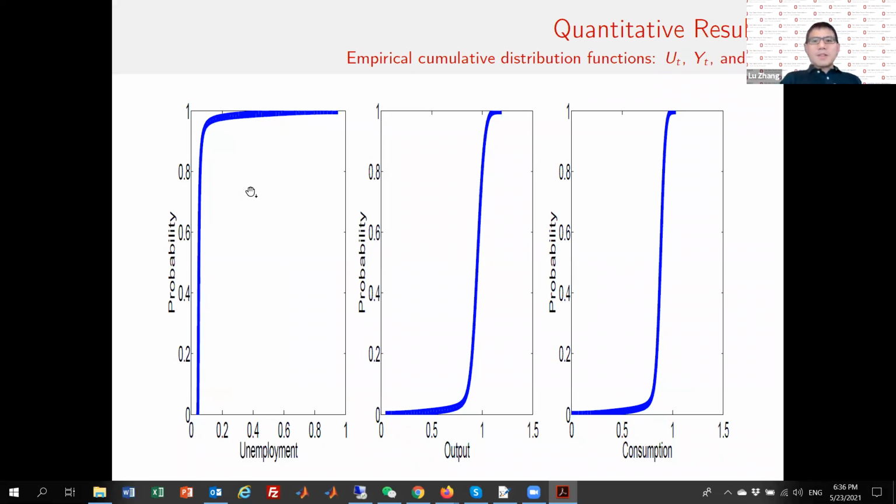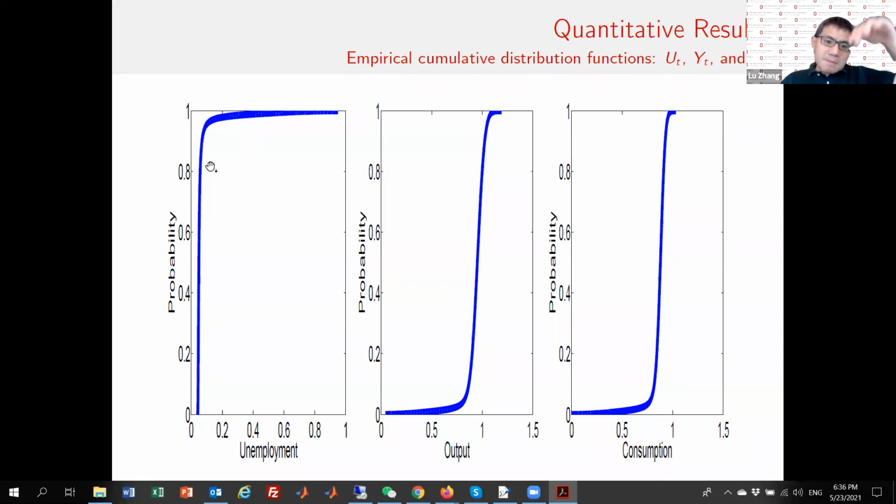On this slide, we're reporting empirical cumulative distribution functions of unemployment, output and consumption out of a 1 million month simulation from the model's stationary distribution. You can see most of the time unemployment hovers around 6.2%, mean or median, while the median is slightly different.